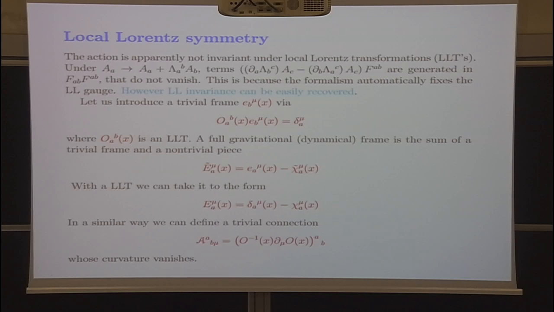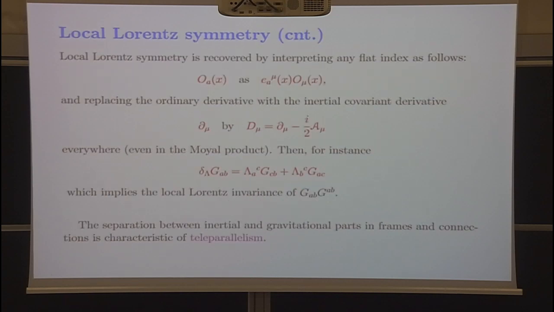In the same way, one can introduce also a trivial connection that is given by a Lorentz transformation. The curvature of this trivial connection, of course, vanishes. But they are useful in order to restore local gauge invariance. The simple recipe to restore local Lorentz invariance is this. When you find in an operator a flat index A, you replace it with the trivial frame.